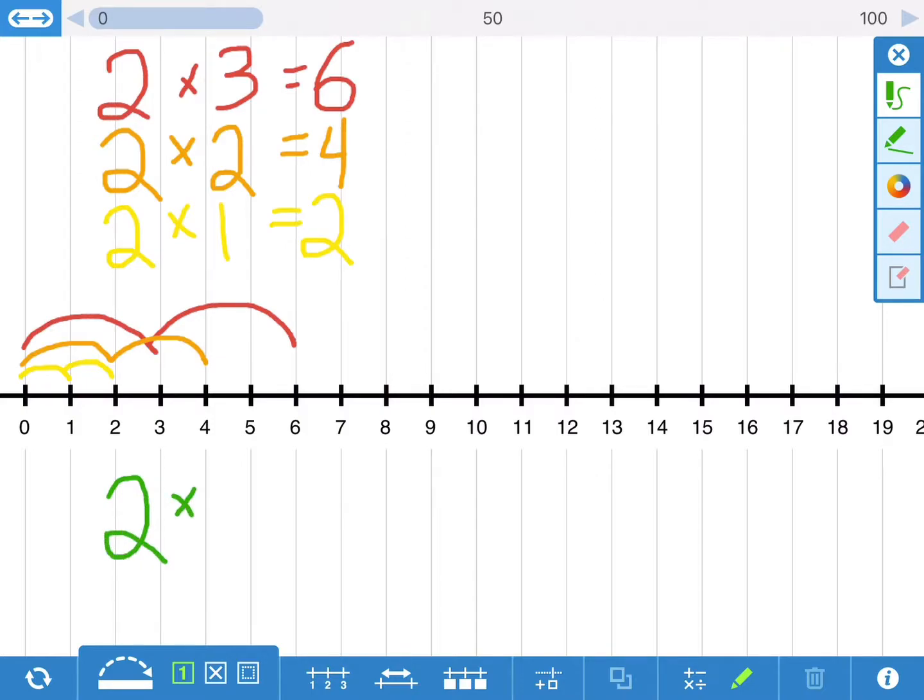So we have 2 times 1/2. What is that going to do? And get some predictions. And if they're able to see the pattern that's evolving, they'll come up with the answer that it is going to be 1, because it's going to be 2 jumps of a half, which I have a hard time showing on this number line. But there they are. That's 1/2 and another half, and I land on the 1.